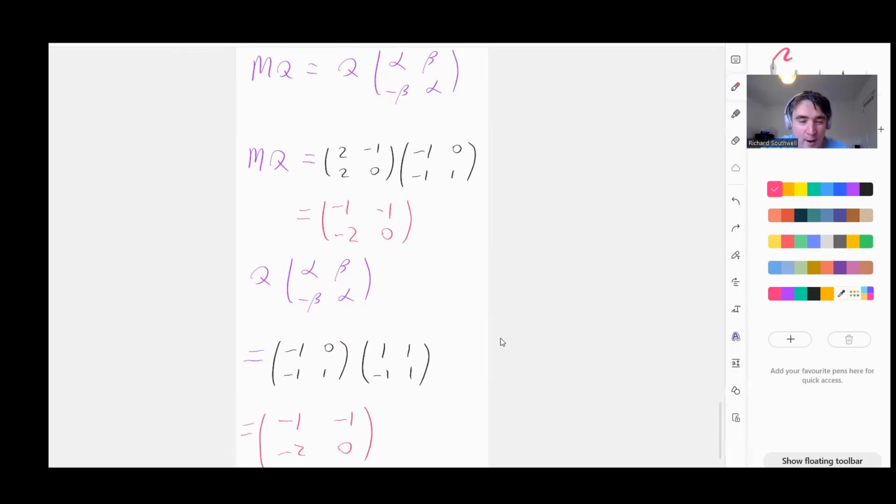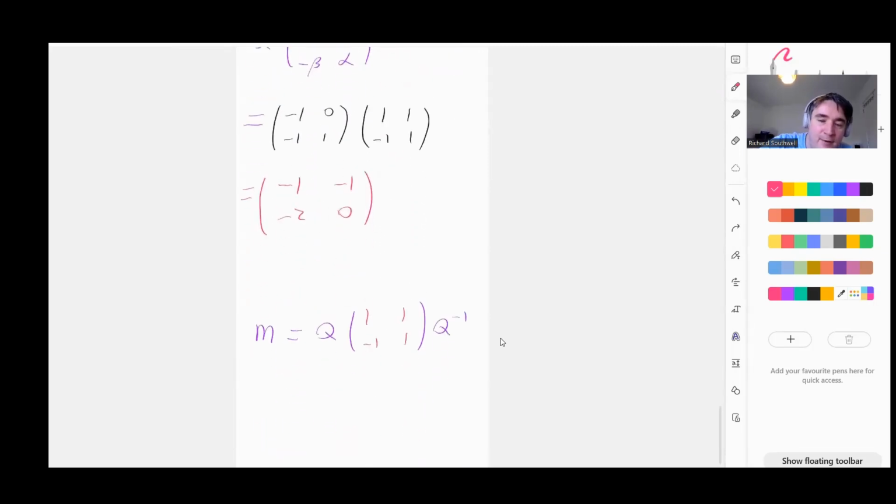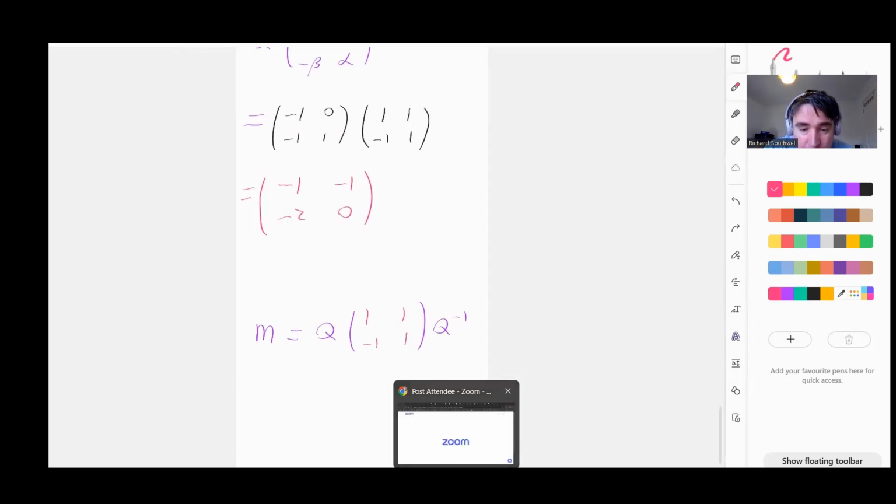Whew, so we're done. So, okay, what can we conclude from this? Well, what we can conclude is that our original matrix is going to be similar to this matrix here. So let's have a look at this matrix. It's got these column vectors, 1, -1, and 1, 1.